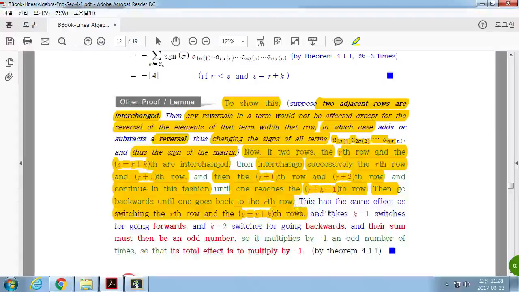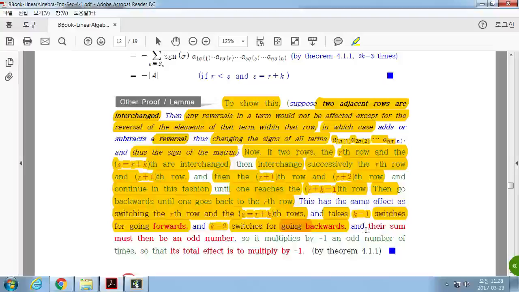It takes K switches for going forward when you moved R to S, and K minus 1 switches for going backward when you moved the S minus 1 row to the R-th row.